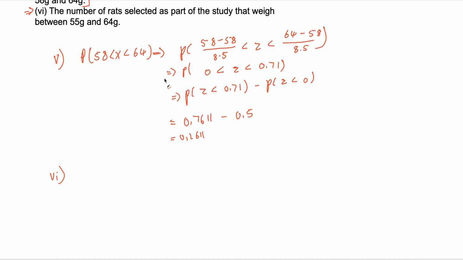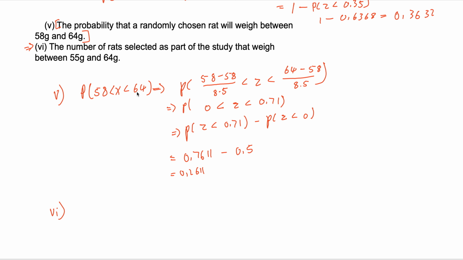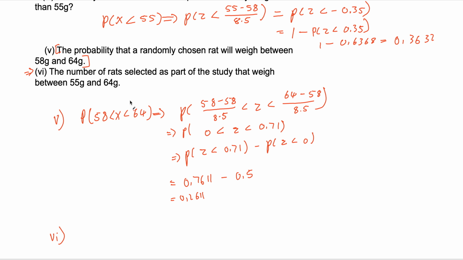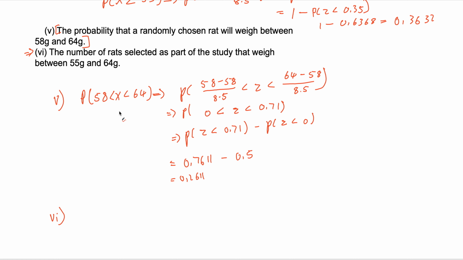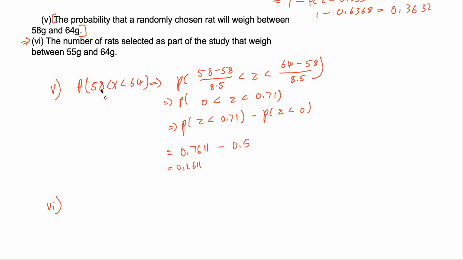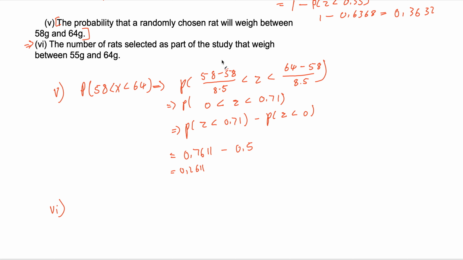This one now is asking for the number of rats that weigh between those two. So note that, don't confuse this 58 and that 55. That's the only difference there.